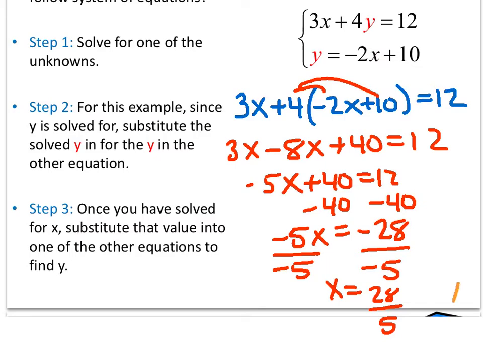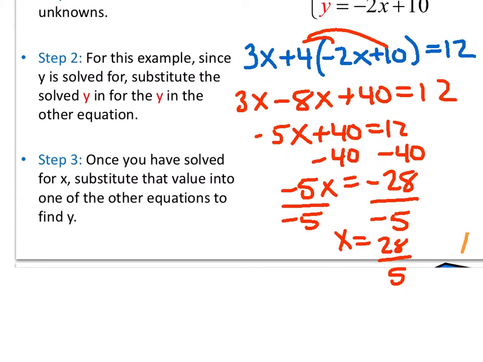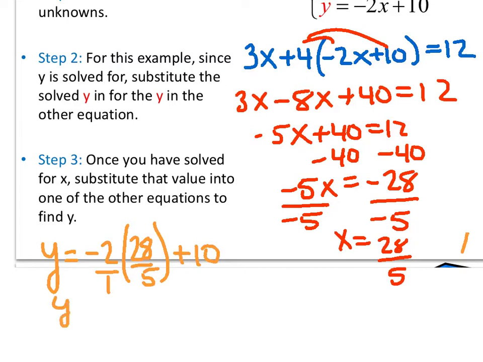So I need a tad more space. So plugging in, I'm going to have y equals, now I'm going to plug in, notice my parentheses, 28 over 5 plus 10. Now remember, when you're multiplying fractions, you just multiply across. Okay, so this is negative 2 times 28, which is negative 56 over 5 plus 10. Now I need to combine like terms, right?